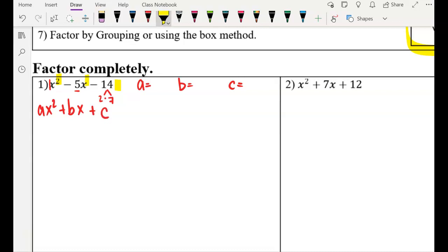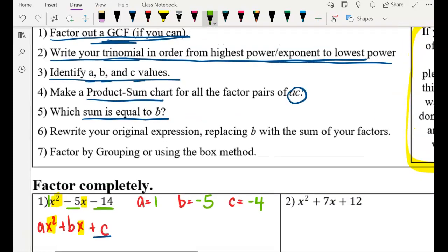So the variables, students, if you look at these right here, it's always going to be x squared in the front, the x is right here, and the last is going to be your constant with no x at all. So that means your a, b, and c are the leading coefficient of each term, okay? So that's going to be your a, b, and c. So a is 1, b is -5, and c is going to be -14. So we have done the first 3 steps.